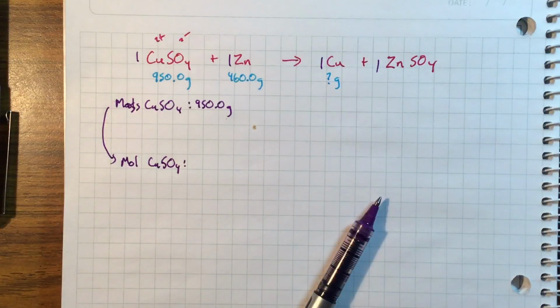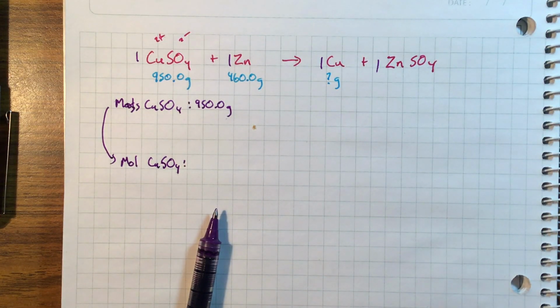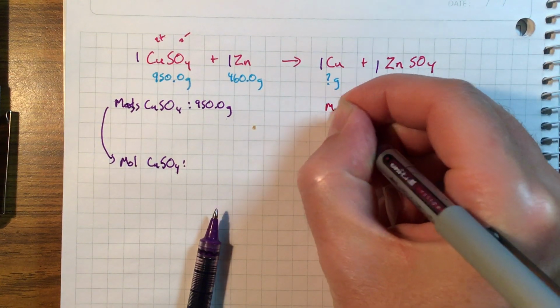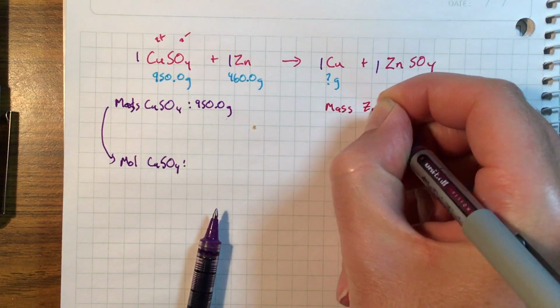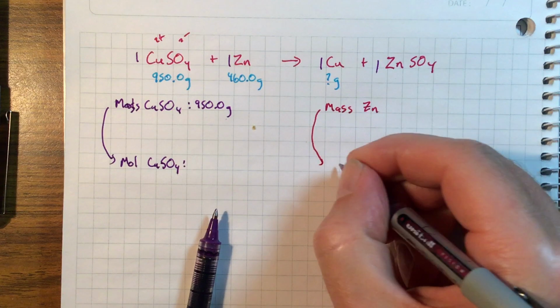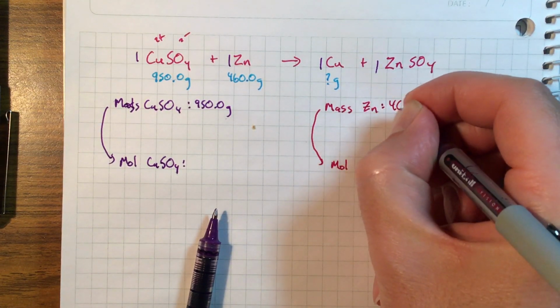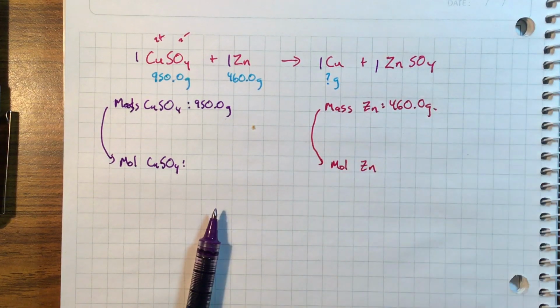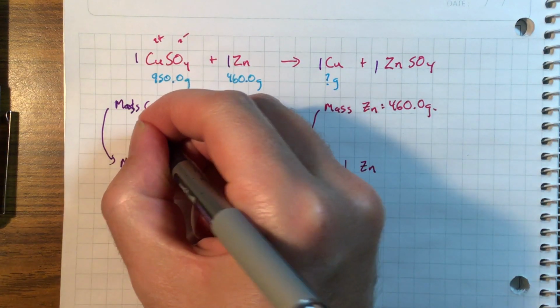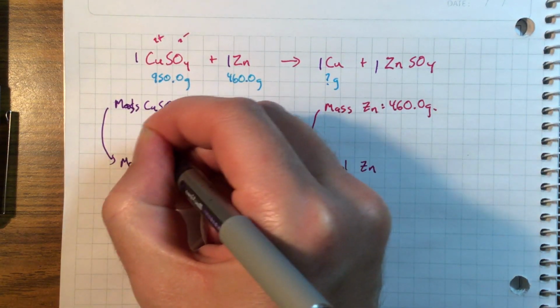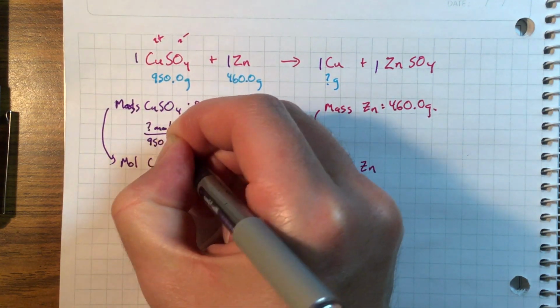Then over here, we start with our mass of Zn. We go to our moles of Zn. And this is 460.0 grams. So how many moles are in 950.0 grams?